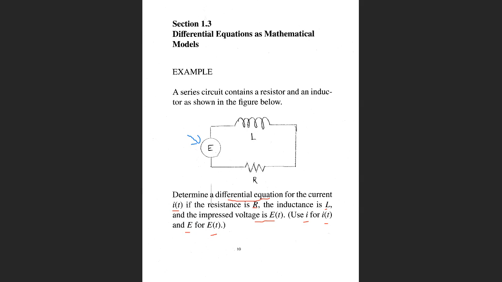All right. Well, let me give you a little heads up, a little explanation about this series circuit. There are different kinds. This one doesn't have, for instance, a capacitor in it, but it does have a resistor and an inductor. The energy source, the battery E, produces current.